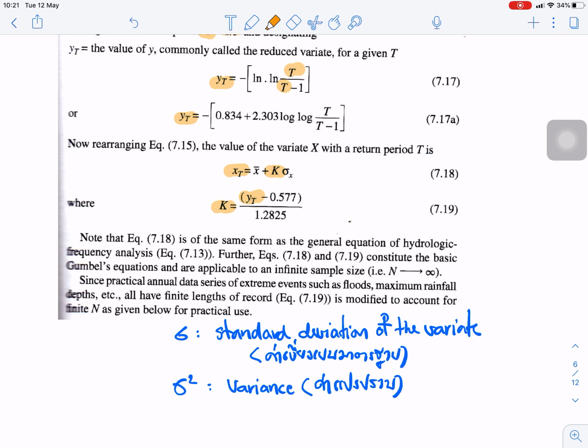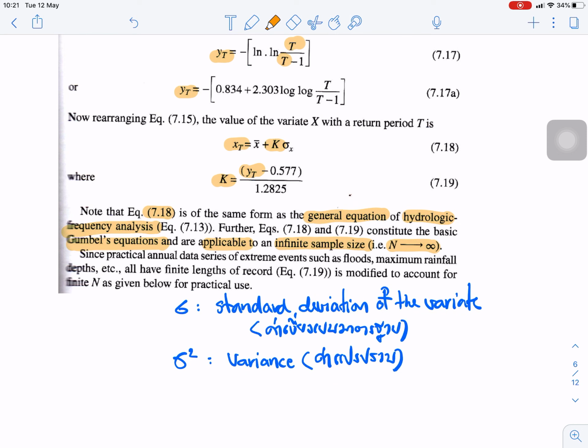Note that the above equation 7.18 is the same as the general equation of hydrologic frequency analysis. The Gumbel distribution is applicable to an infinite sample size, that is, if n goes to infinity.